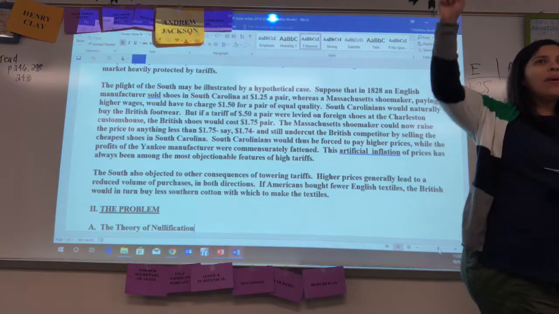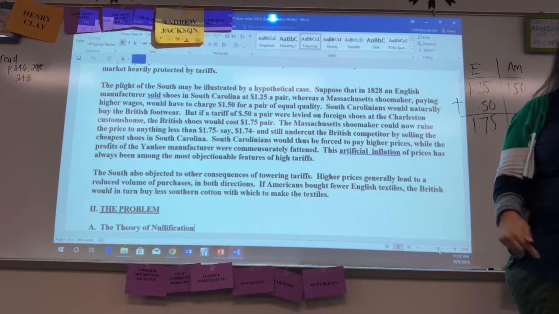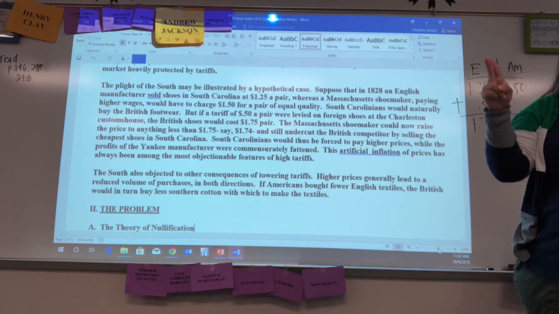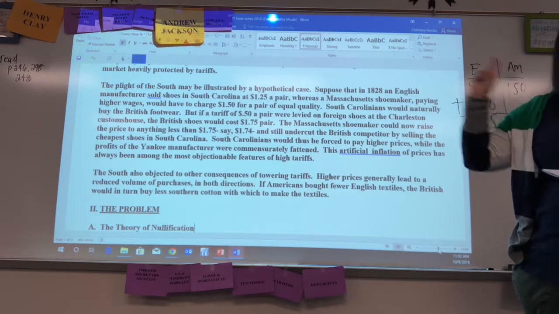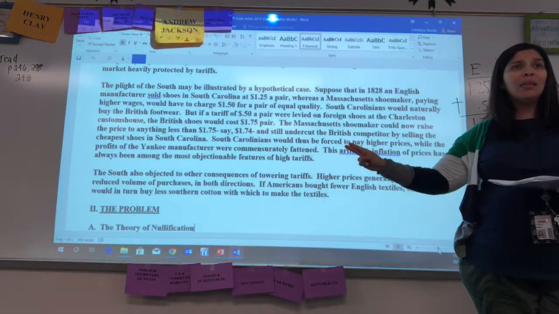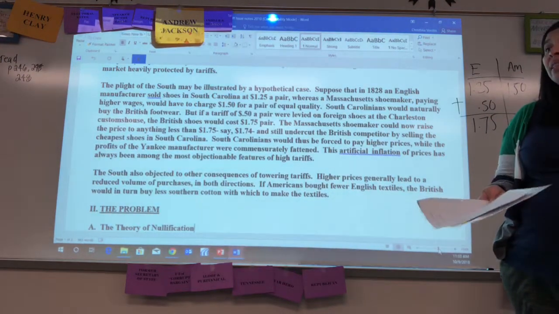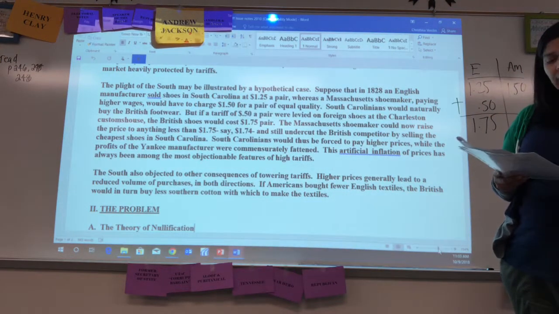So prices are going up, but what's happening to the demand for their product? It's going down. Those are the two reasons they're objecting. They said, by protecting the New Englander, are we paying higher prices? Are we losing trade? Do they even like this tariff? No. And so this leads us to the second one.